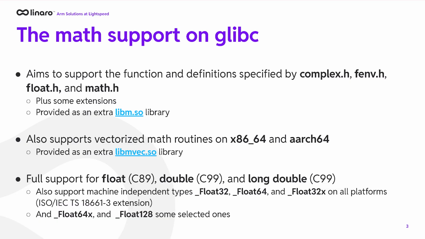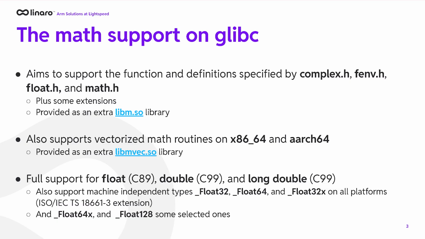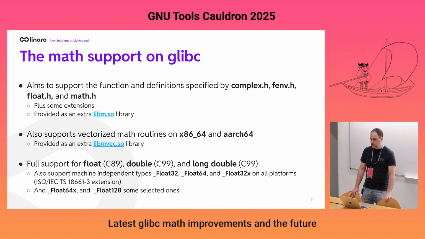So, math support in glibc. We support the latest C standard. Currently, I think we are finishing C23. We do not support all the extensions, but we aim to support pretty much what the default standards define, which includes the complex functions, float environment, the float header itself, and the math library, which is the largest one.